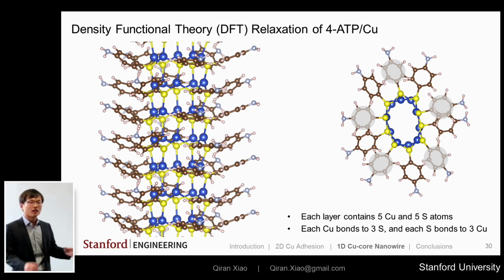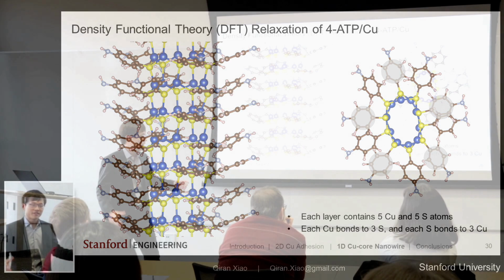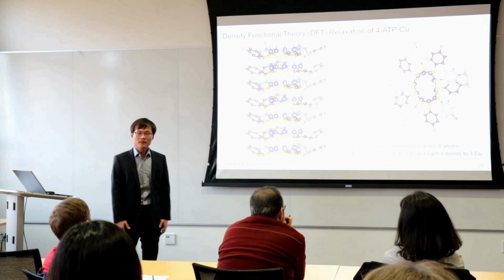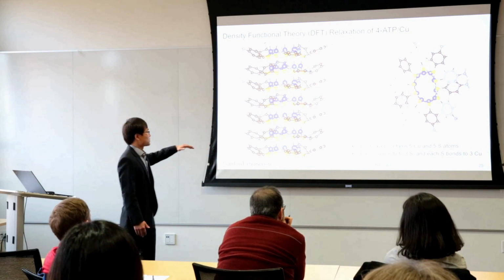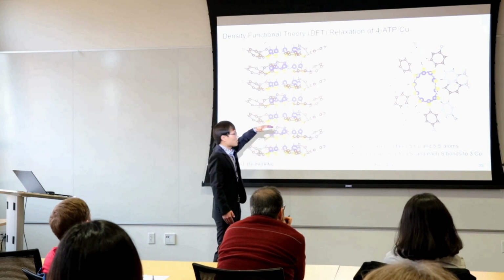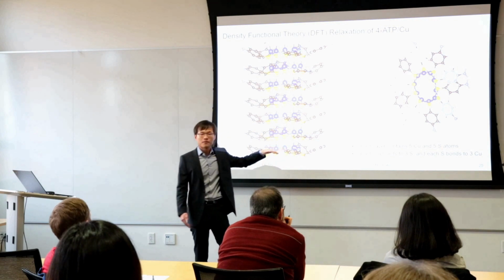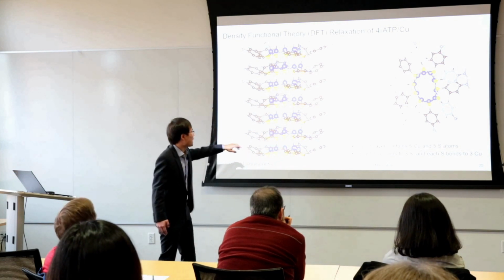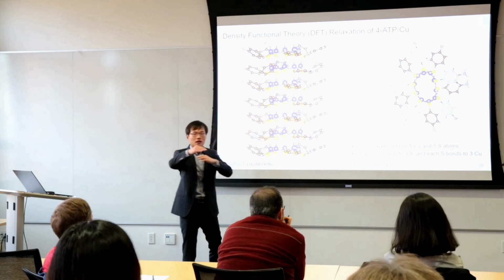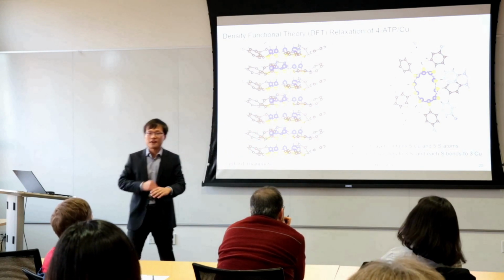What we see is an atomically well-defined core-shell structure with an inorganic core and an organic shell. Looking at the core of this material, within each cross-section, each layer contains either 5 copper atoms or 5 sulfur atoms, and those layers are arranged in an alternating fashion.